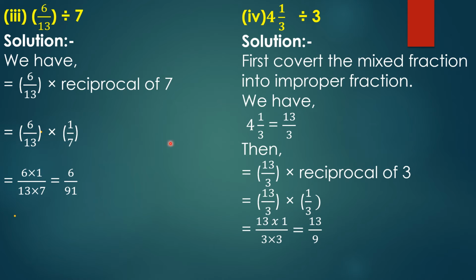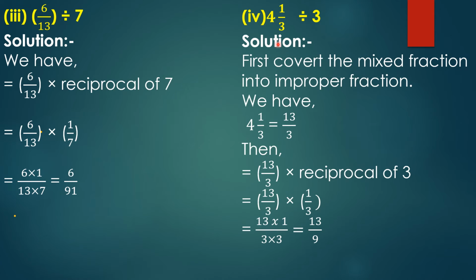The next one, 4 1 by 3 divided by 3. Here we have a mixed fraction. So let us convert the mixed fraction into an improper fraction. How to convert? Write down 4 1 by 3, which is equal to 3 fours are 12, 12 plus 1 is 13. So 13 by 3 is the fraction for the mixed fraction.